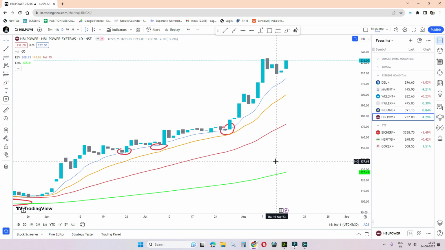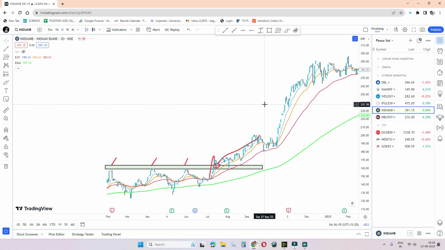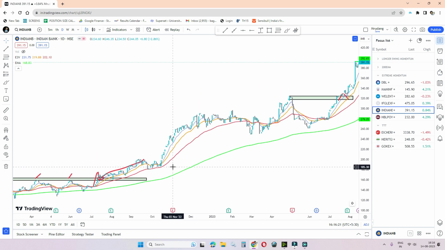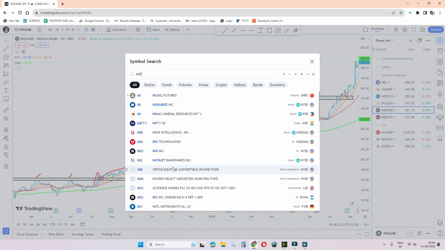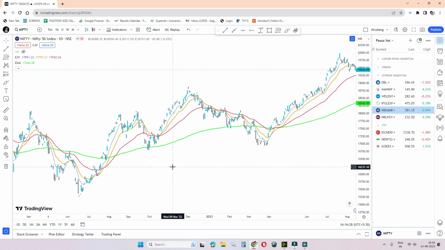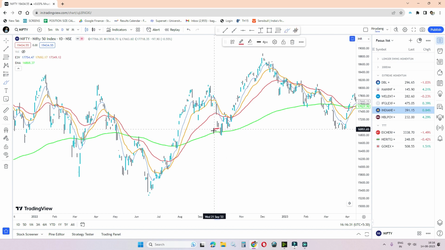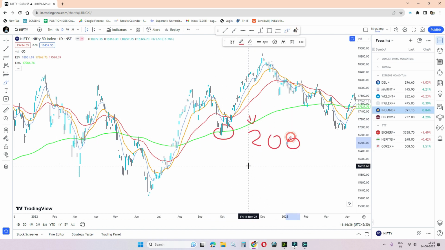Okay, so you can see how these moving averages act as key support and resistance lines: as support when the stock goes up and as resistance when the stock goes down. So let's try to analyze Nifty. The green line is the 200 period EMA.